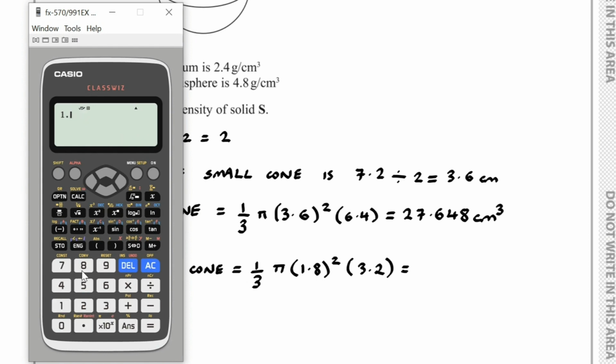So I've got 1.8 squared times 3.2 divided by 3, and I've got pi with it. The volume of the small cone is 3.456 pi centimeters cubed.